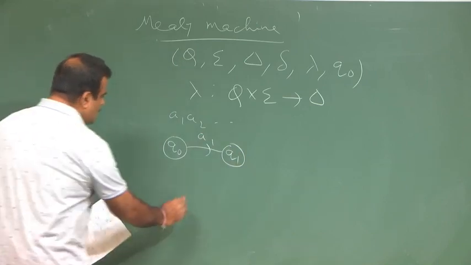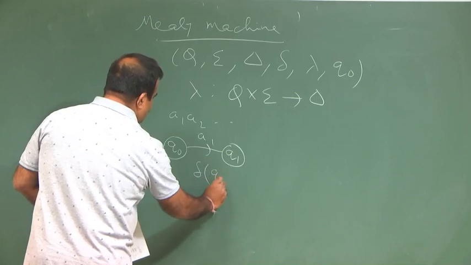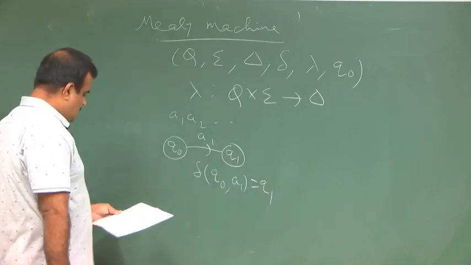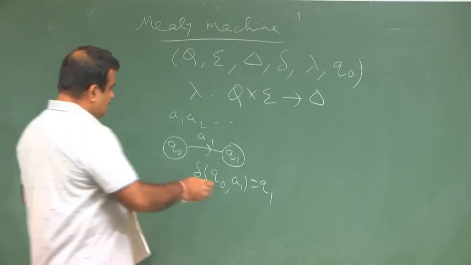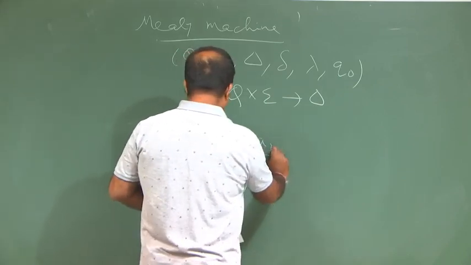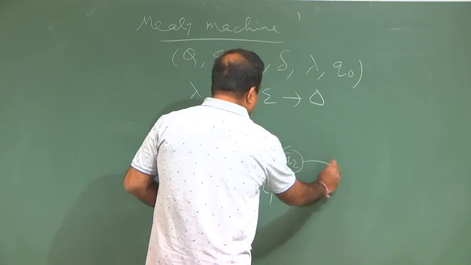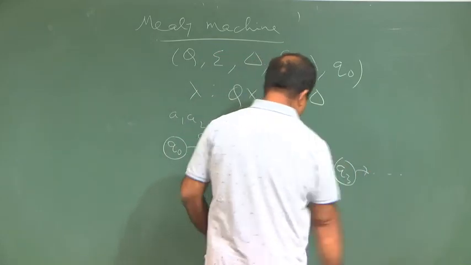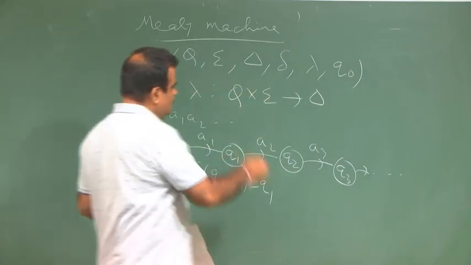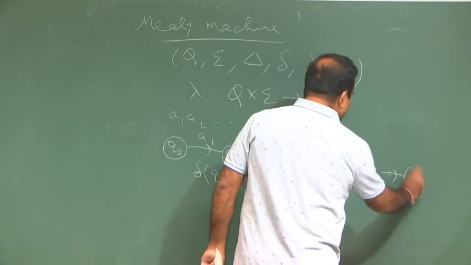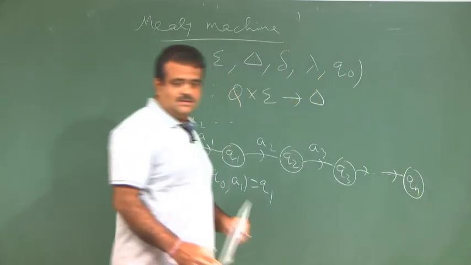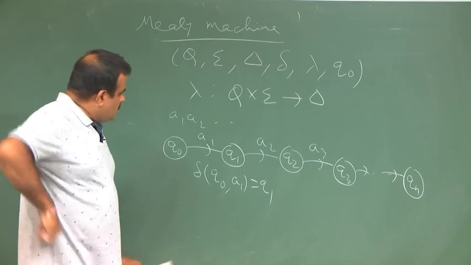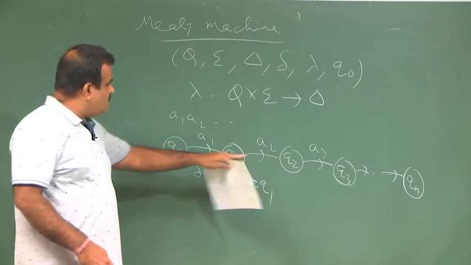This is the transition: delta of Q0, A1 is Q1, and say again by A2 we go to Q2, by A3 we go to Q3, like this. If it is of length n, we go to Qn after the nth symbol.